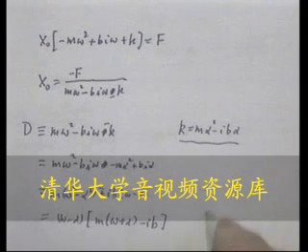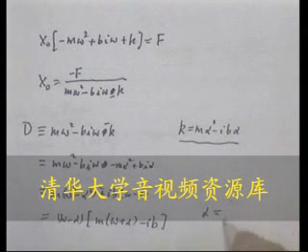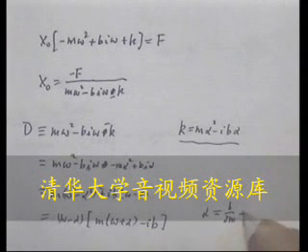But alpha, by definition, is equal to b over 2m, the damping factor, plus omega 0.